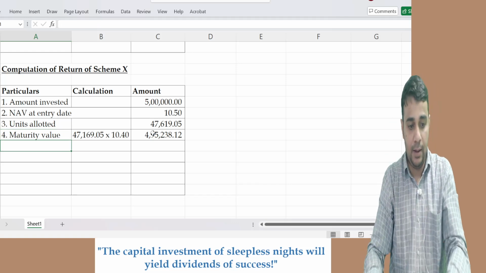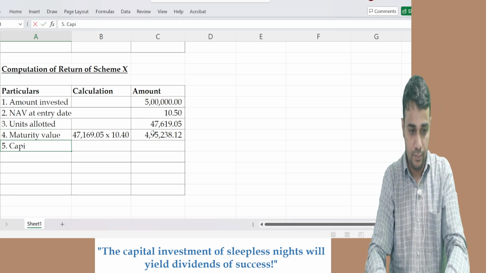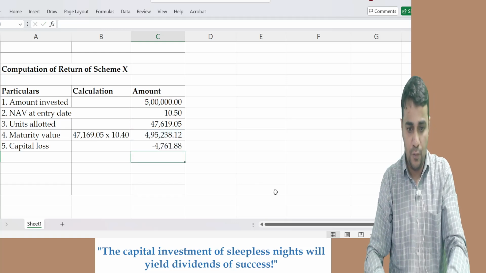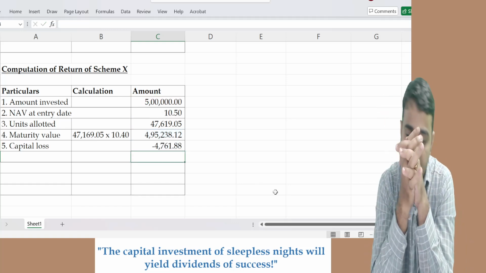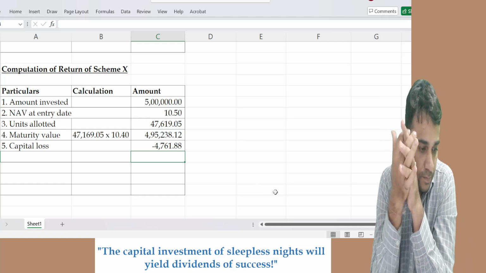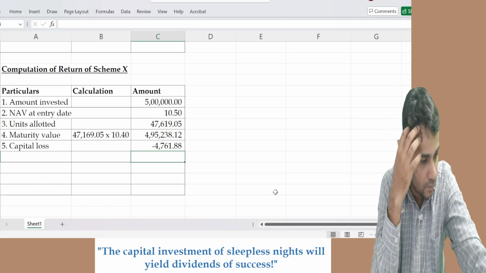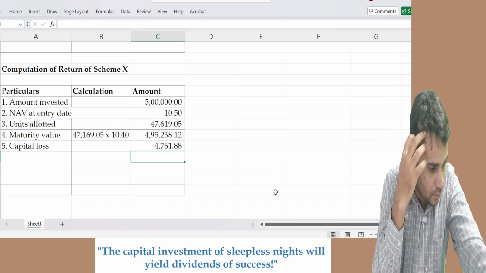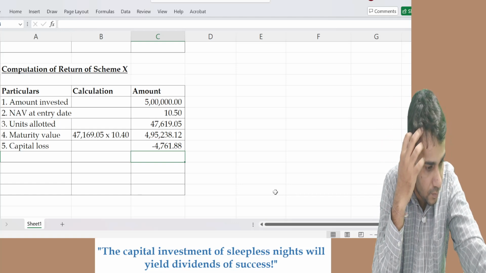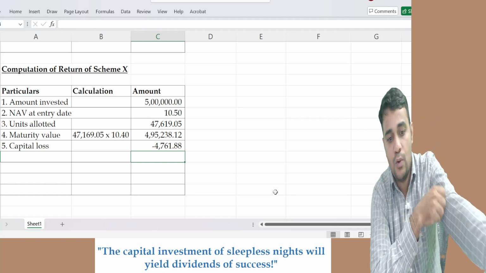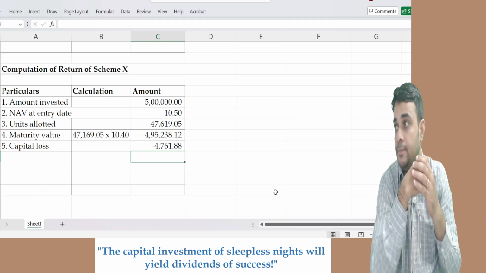Point number 5, capital loss. About 4,000 rupees we are losing: capital loss 4761.88.